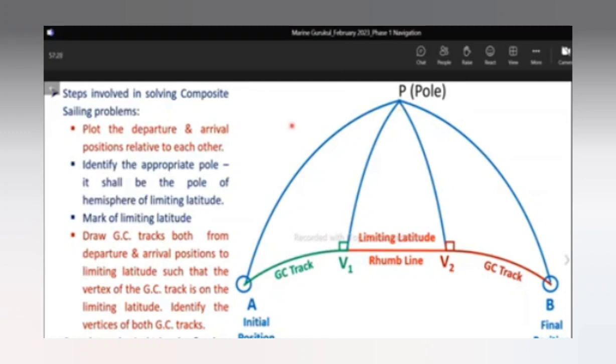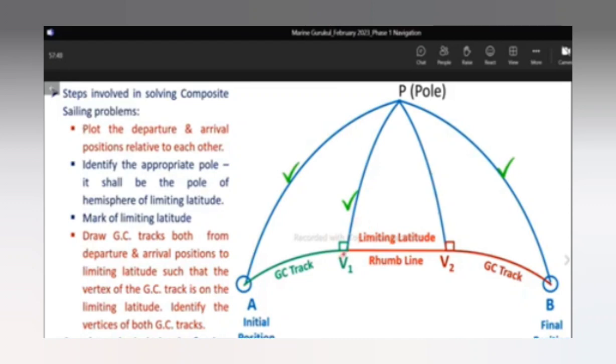Now let us first mark the parts which we can figure out from the information that may be contained in the question. Now this is the colat of A. I'm sure all of us can calculate it knowing the latitude of A. Likewise, this would be the colat of B. Then this will be the colat of V1.